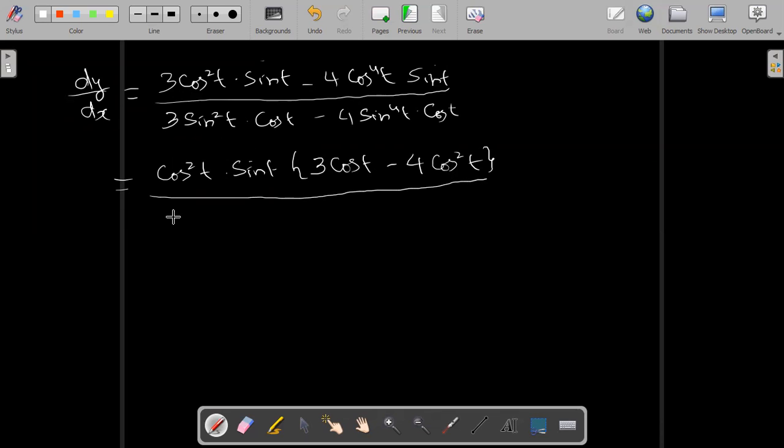And from the denominator, take out common sin square t and cos t.